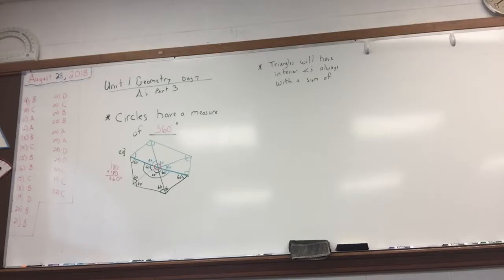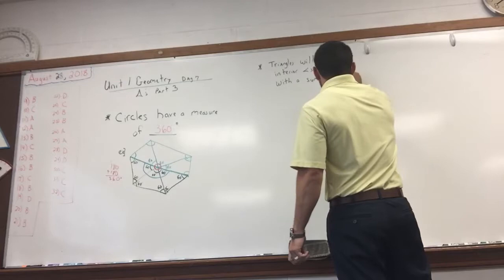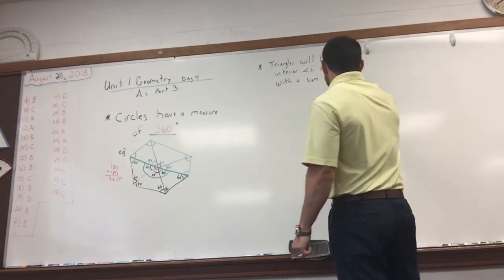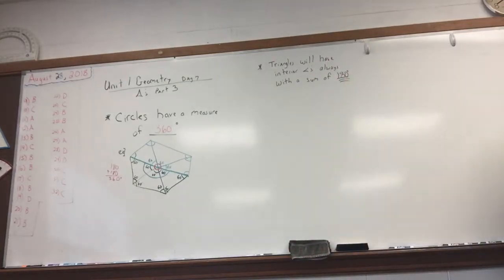Sum being add up to. Go ahead, Gabriel. 180. Thank you for raising your hand. That's fantastic. 180 degrees. Every time that you see a triangle, you know that the sum of the angles will have to add up to 180 degrees. Anybody disagree with that?